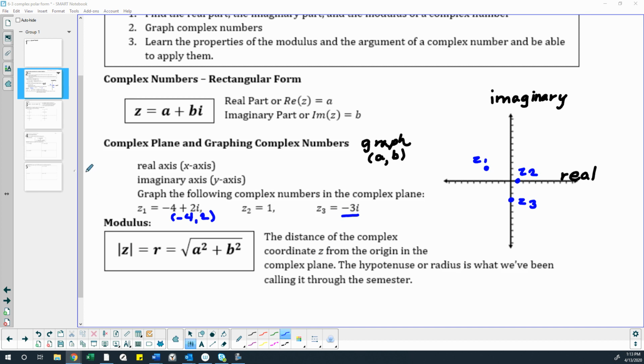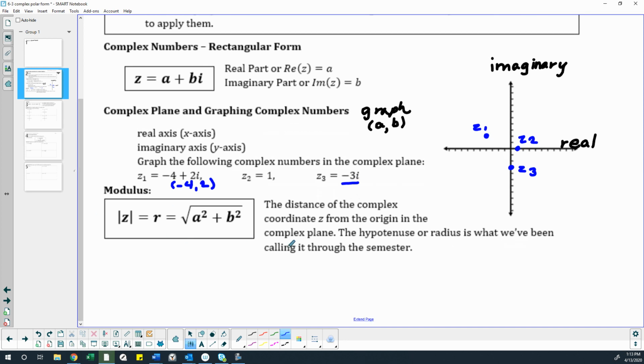So, okay, let's learn some fancy words for things we already know about. With complex numbers, there are two words you need to know about as you're changing those to polar form. The first one is the modulus. It's a fancy word for the radius or the hypotenuse.